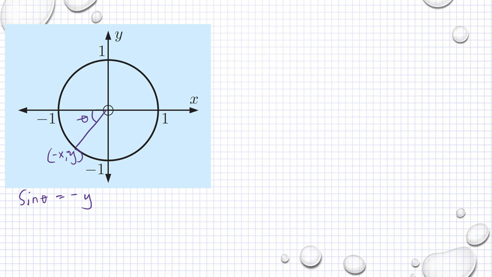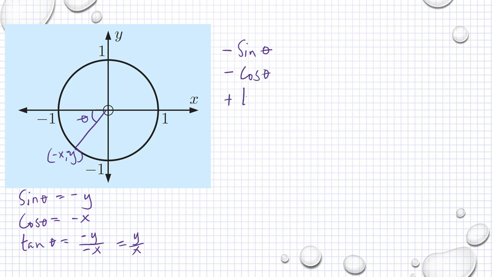So we have cosine theta is equal to negative x, and then tangent theta, we have negative y divided by negative x, that is y divided by x. So that means in the third quadrant, we have negative sine, and then we have also negative cosine. But we have positive tangent theta in the third quadrant.